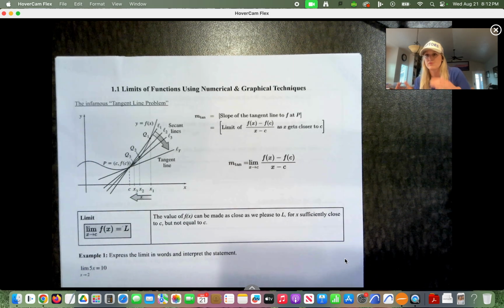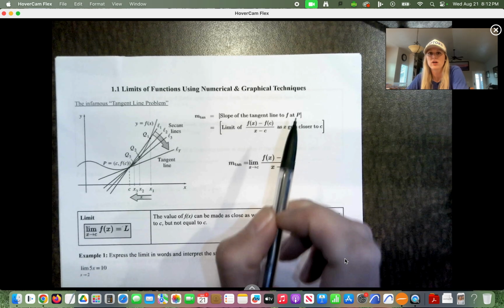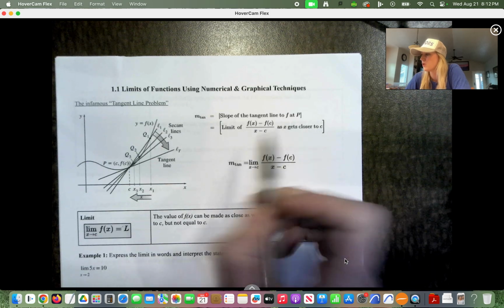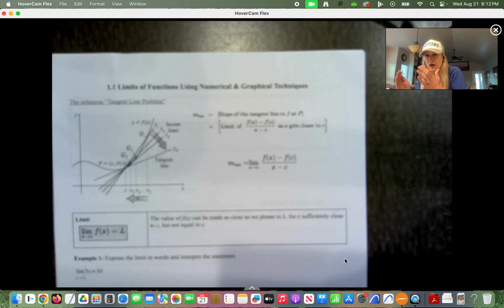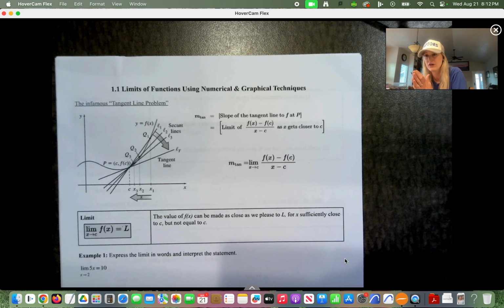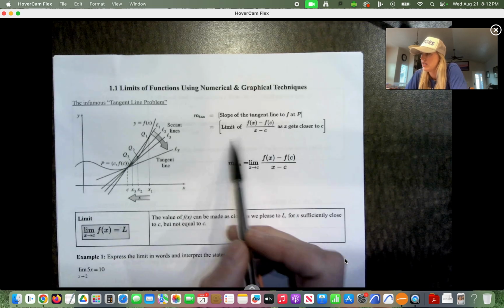And so I'm getting as close as I possibly can, but I still need those 2 points to calculate the slope. So we are going to use something called a limit. A limit is the process of approaching a value and seeing what the resulting value is.